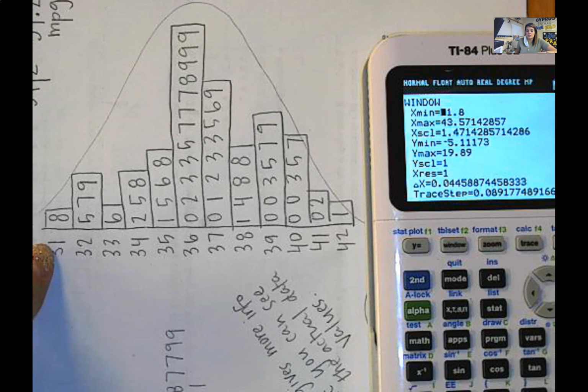So maybe some of you guys are asking yourselves at this point, hey, don't our leaves need to be in order from least to greatest? And the answer is yes. But I like to make a stem and leaf with the data values first if it's not ordered.